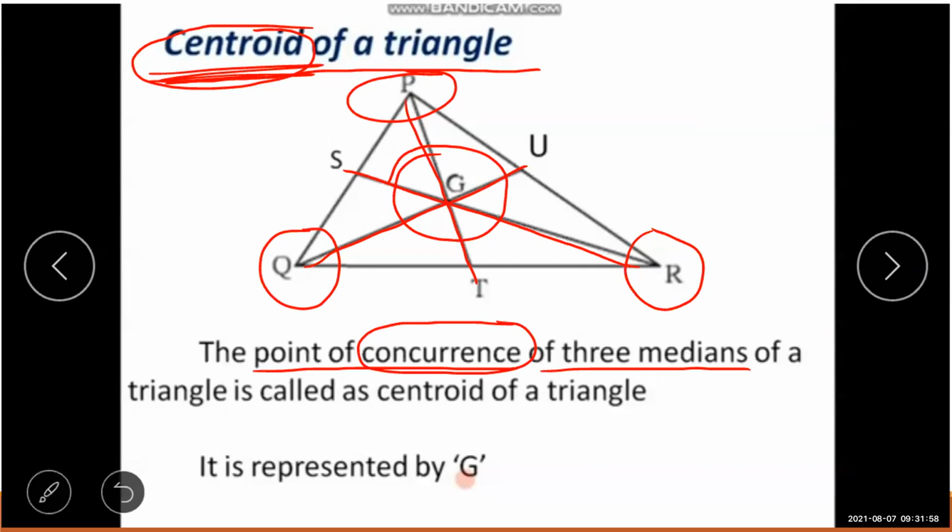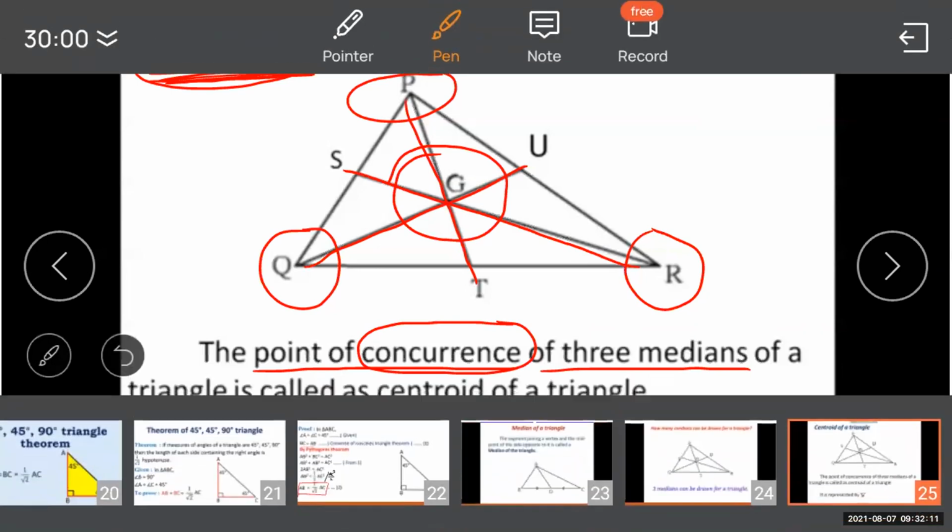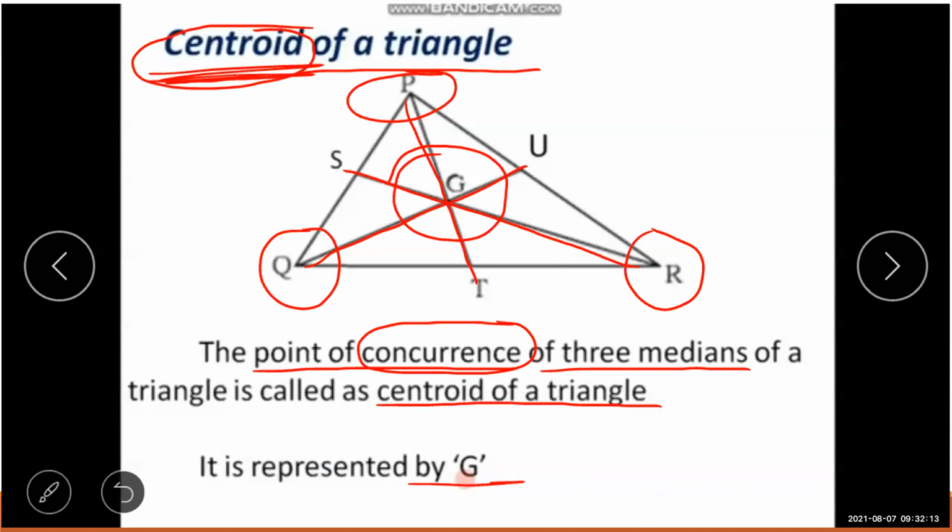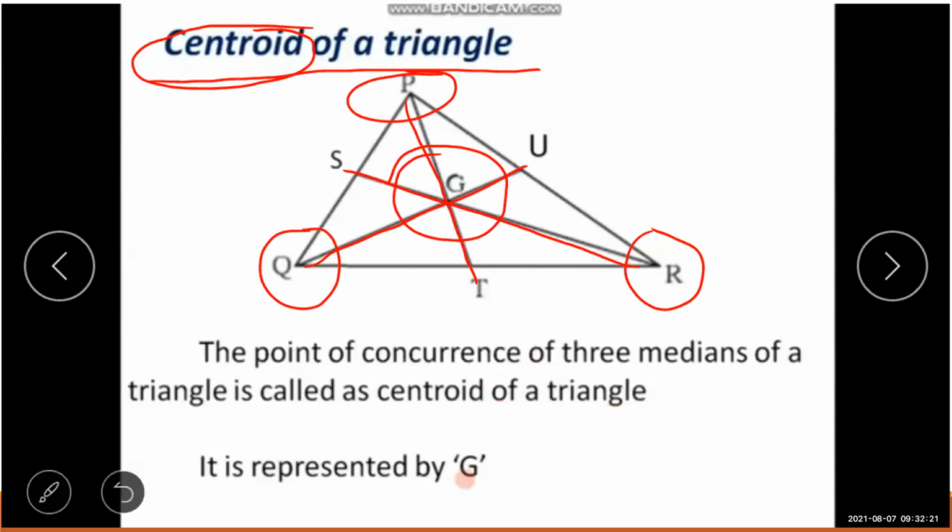So the point of concurrence of the three medians of a triangle is called the centroid of the triangle, and it is denoted by capital G. So the centroid is always denoted by capital G. Understood the point?